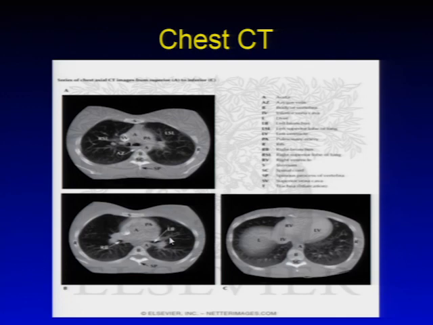Moving further down in the thorax, you can see the right and left bronchus, aorta and pulmonary arteries, and moving further along, you can see the upper lobe of the liver, right and left ventricles, and inferior vena cava.